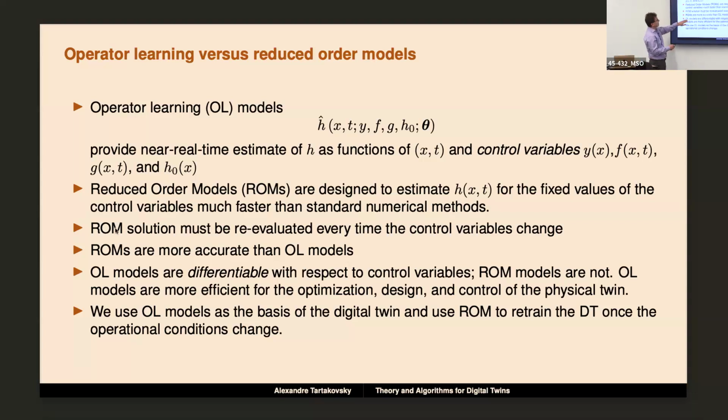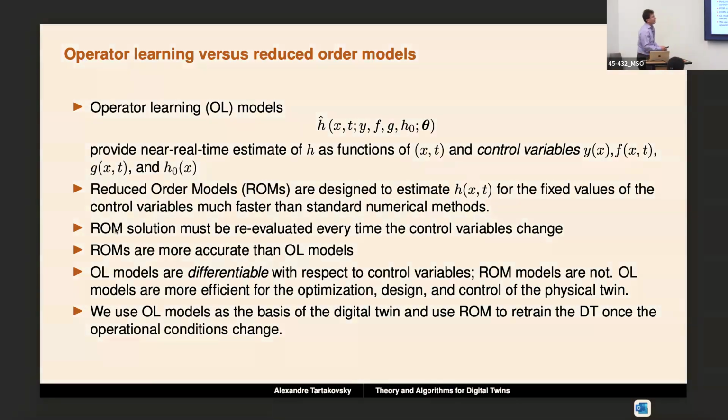On the other hand, operator learning models, or these surrogate models, are differentiable with respect to control variables, in the sense that the derivatives with respect to the control variables can be computed analytically or using automatic differentiation, and ROM models are not.